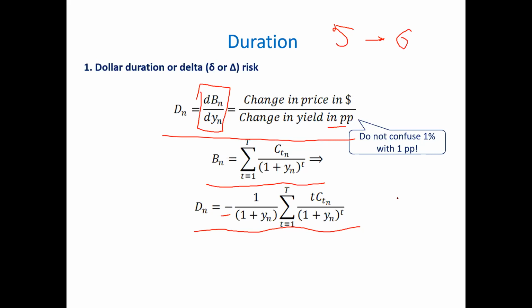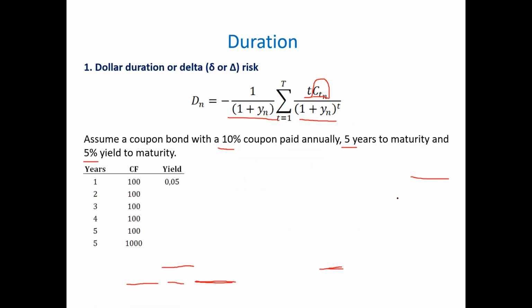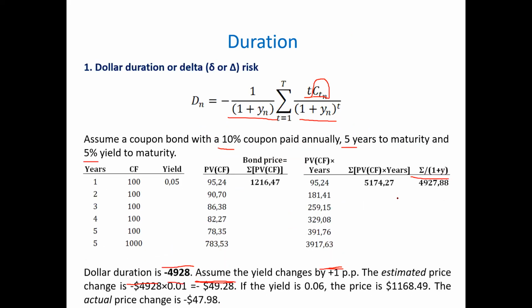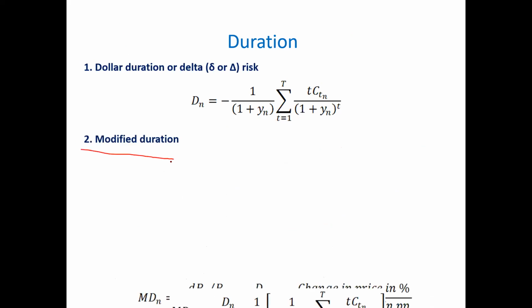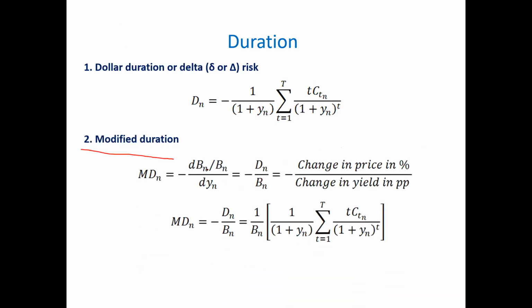For this, we are going to use modified duration, and modified duration is dollar duration modified. Okay, let me say it like that. So we introduce only one modification. Let's look at this modification. So modified duration. Okay, this is our dollar duration.